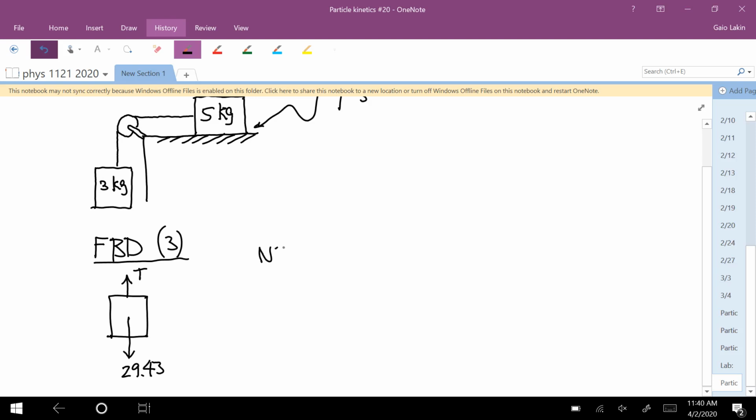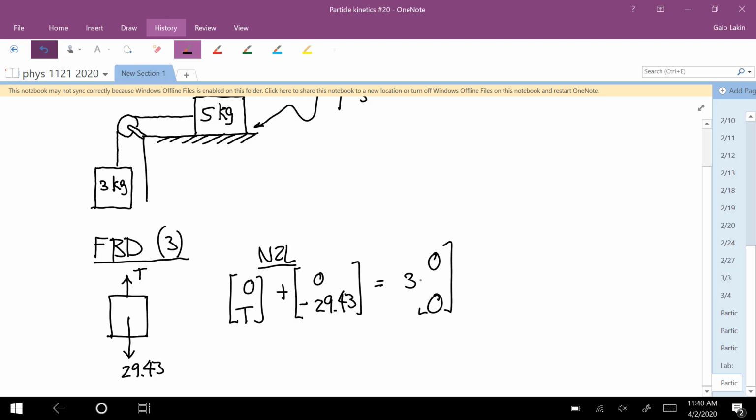Put that into Newton's second law, and you get 0 T plus 0, negative 29.43, is equal to the mass times the acceleration. These are at rest, so the accelerations are 0.